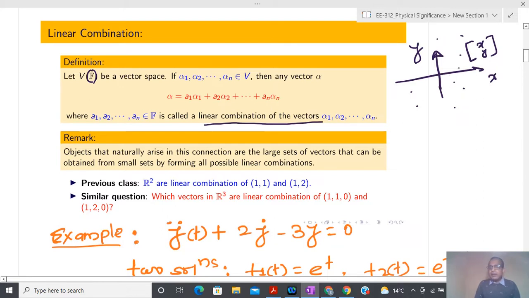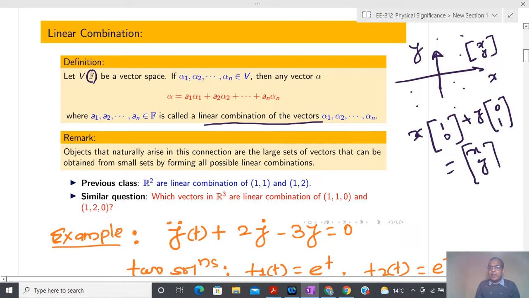In the previous class we saw that if I select these two vectors, (1, 0) and (0, 1), then I can represent any (x, y). You can see the same kind of structure here, where a1 is nothing but x, an element of the real numbers.